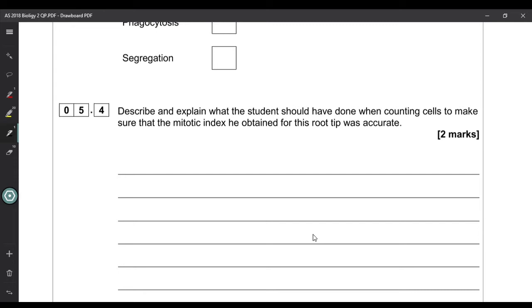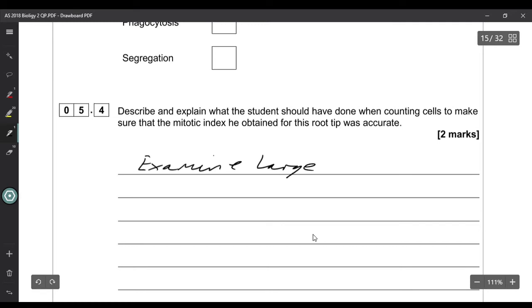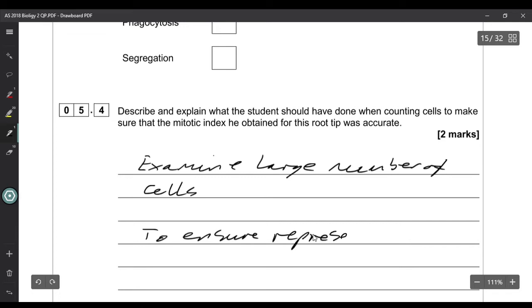So for this one, we can say examine a large number of cells so to ensure a representative sample.